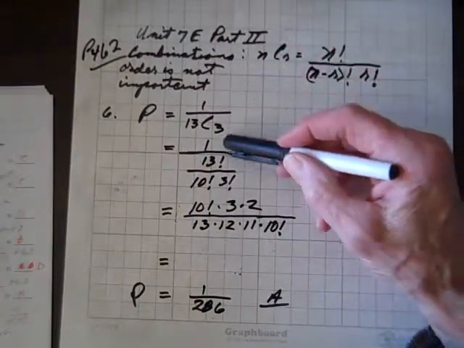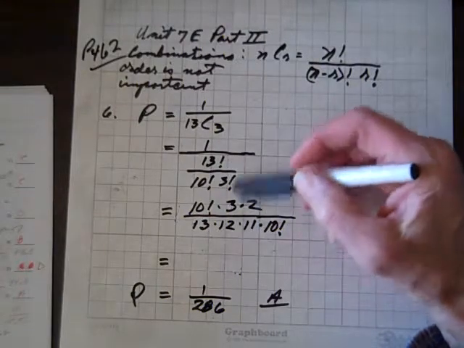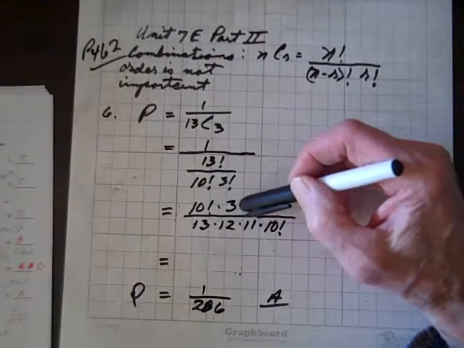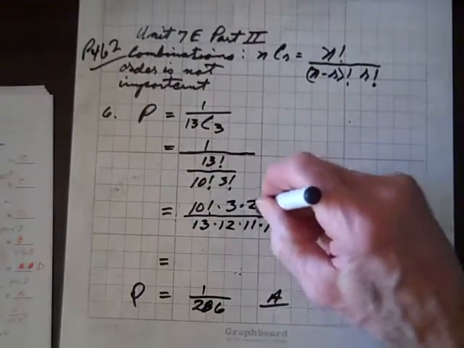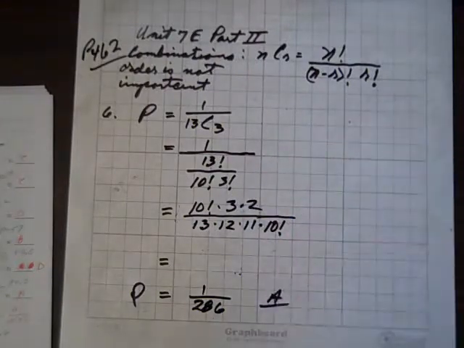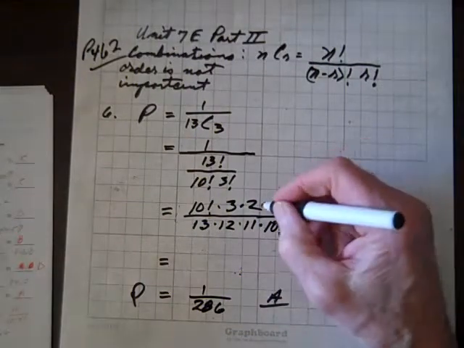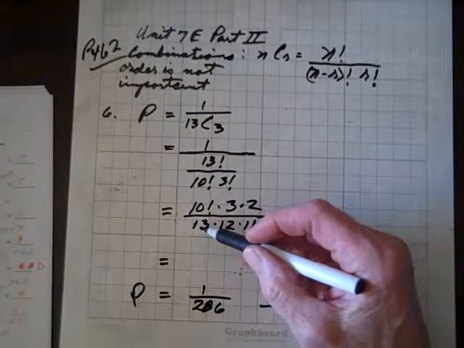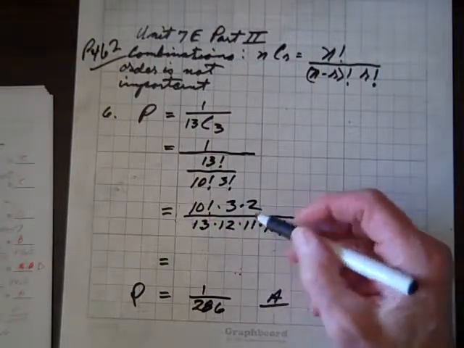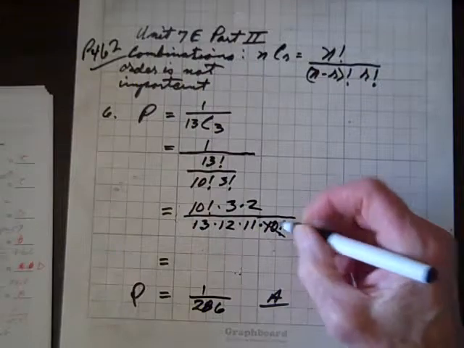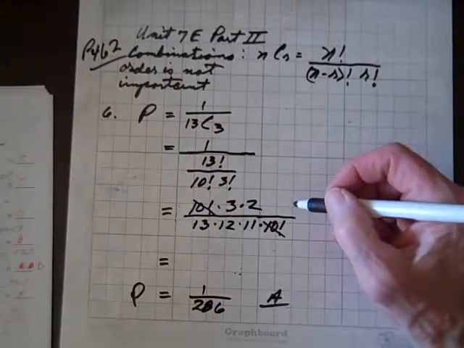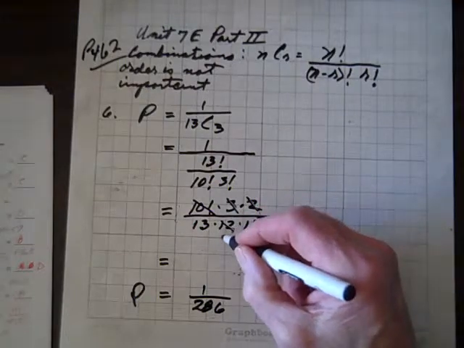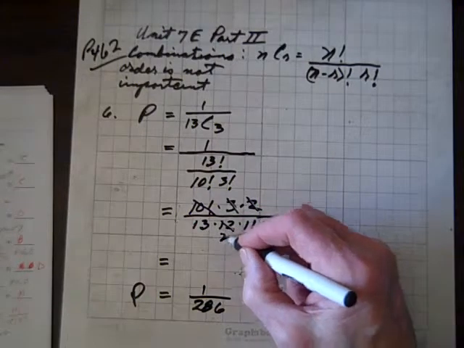So when we invert and multiply, we get the 10 factorial upstairs, and 3 factorial is 3 times 2 times 1, but 2 times 1 is 2, so I am not going to write the 1 down. Anyhow, downstairs we've got 13 factorial, which is 13 times 12 times 11 times 10 factorial, and these 10 factorials divide out, and 3 times 2 is 6, which goes into 12 twice.